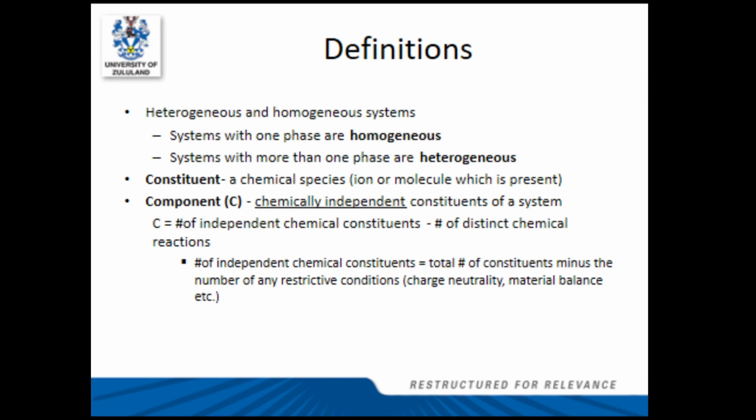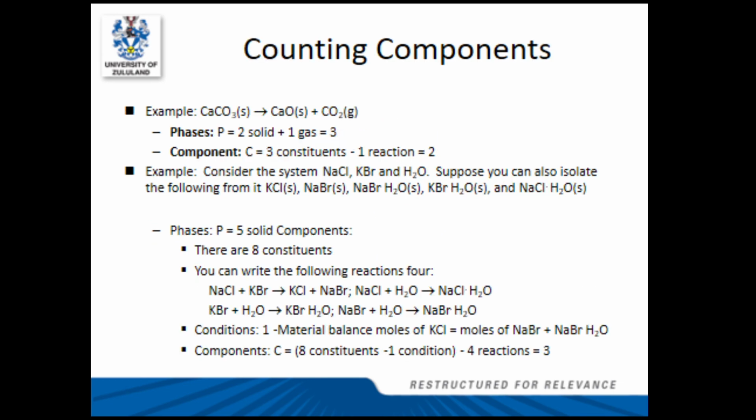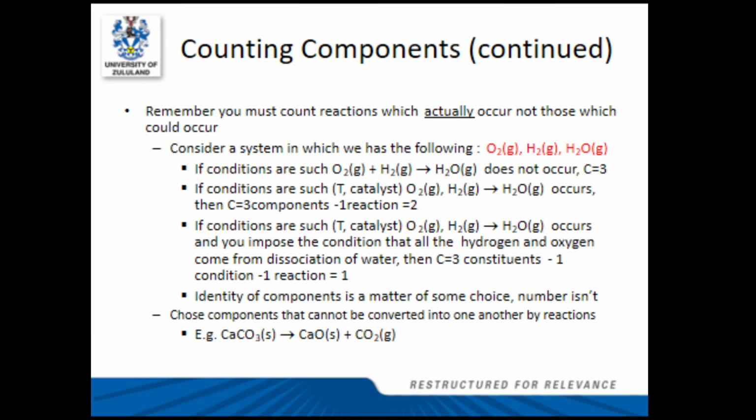As I said in the previous equation, the number of independent chemical constituents is equal to the total number of constituents minus the number of any restrictive conditions. In this case, we only have one restrictive condition. In other words, it will be 8 constituents minus 1 condition minus 4 reactions. So the answer will be equal to 4.